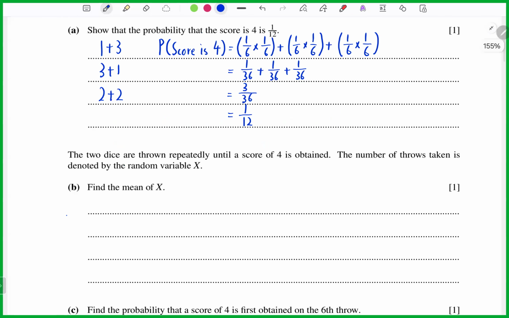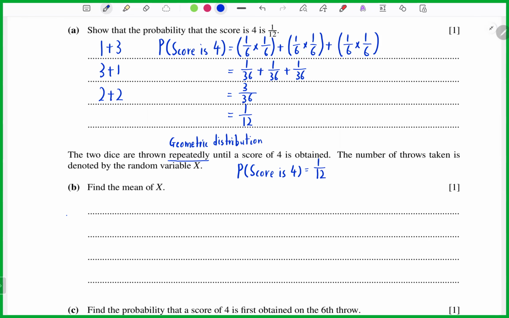The two dice are thrown repeatedly until a score of 4 is obtained. When you see this keyword repeatedly, you can try to relate it to the geometric distribution. So you should use P(score is 4) equals 1 over 12.